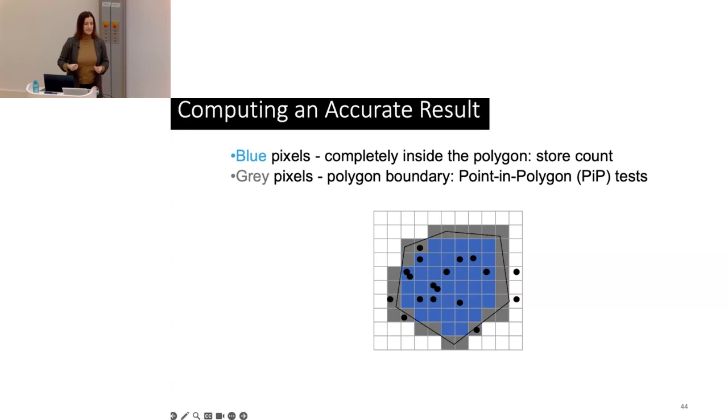And then what you can do is that only for the pixels that are around the boundary, you do this point and polygon test to really test if the point is inside the polygon or not. But you only do this for the boundary area, and for the rest, you can just take the counts from the pixels as I showed you before.